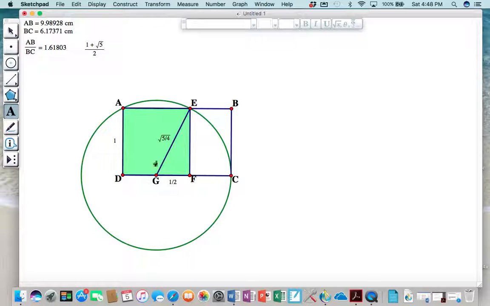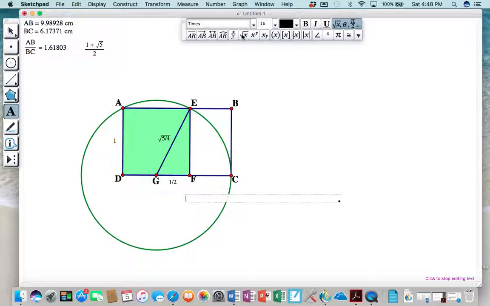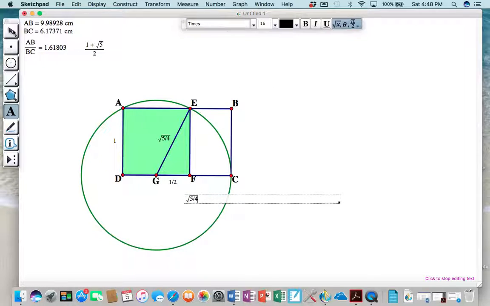So I'm going to write that down here. So that's GC. Now this half still corresponds to GF, but right now I'm going to put these two segments together because they are a radius and they do have a combined length of the square root of 5/4.